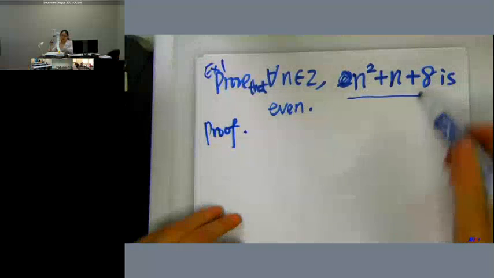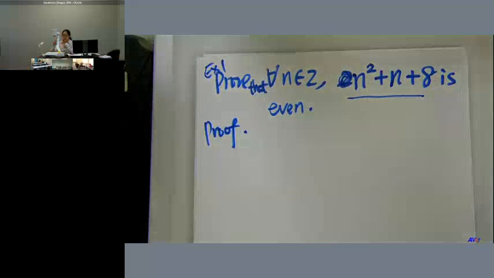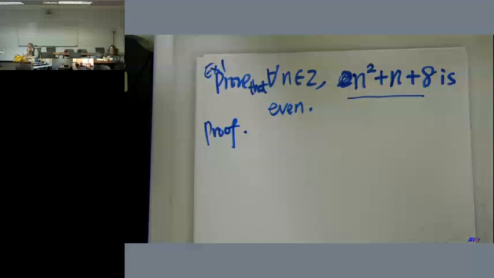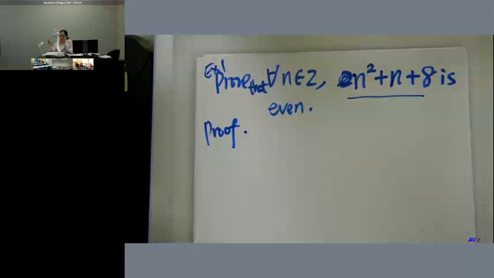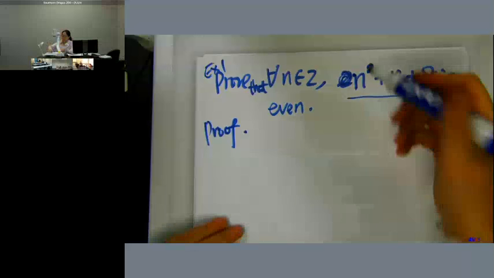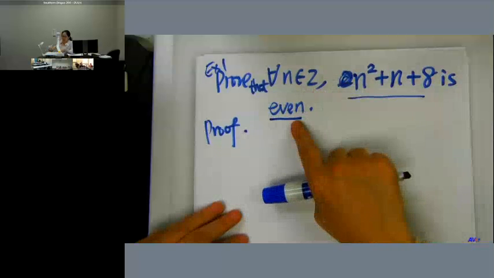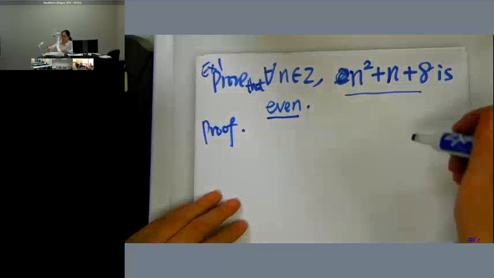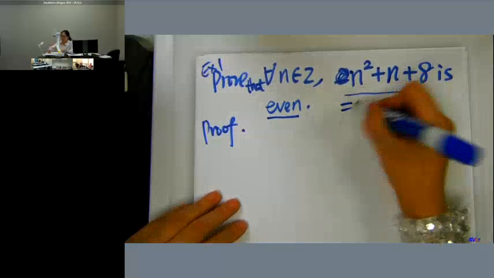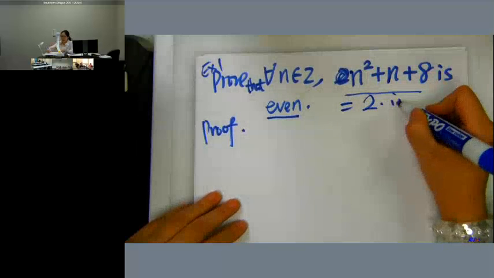Now, the first idea is when you get a problem like this, we can try to use what we did before, if you can just do it in one case without doing different cases. So I have n squared plus n plus 8. I want to show it's even. And the definition of even is 2 times an integer. So you need to be able to write this as 2 times some kind of integer.